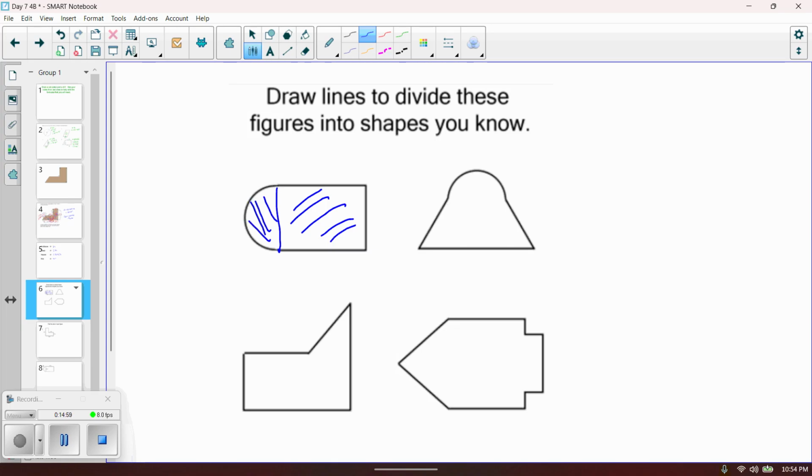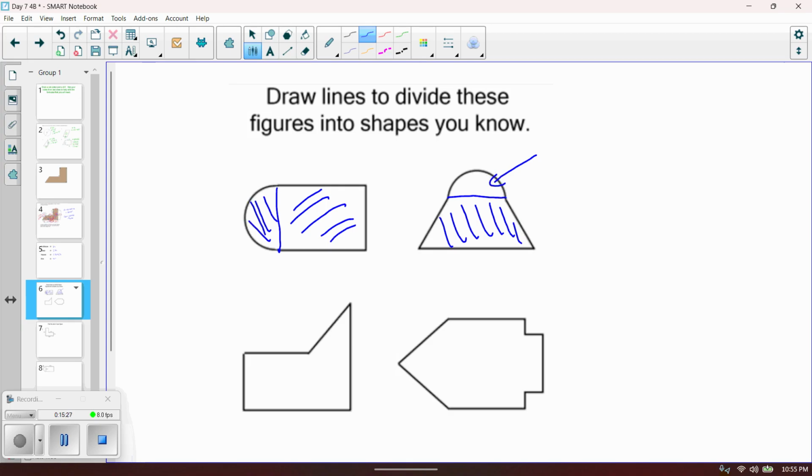In the second one, maybe I've got that half circle on top. I'm not doing a very good job drawing straight lines here. So it looks like maybe I've got a half circle here, and down here we have a trapezoid. You could split the trapezoid up even further and make two triangles and a rectangle if you want to, but either way, those are geometric shapes that we can do.